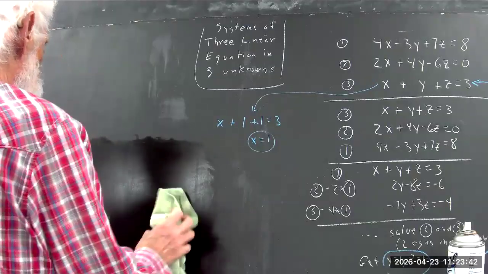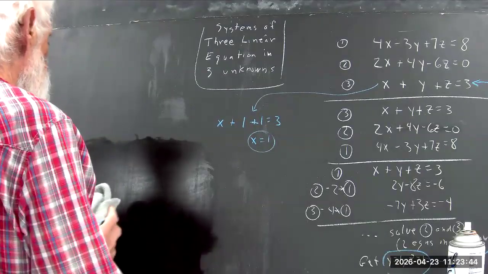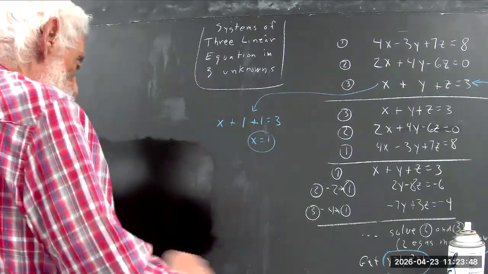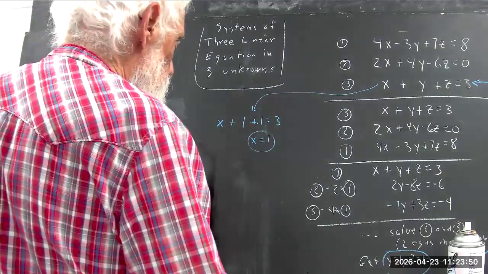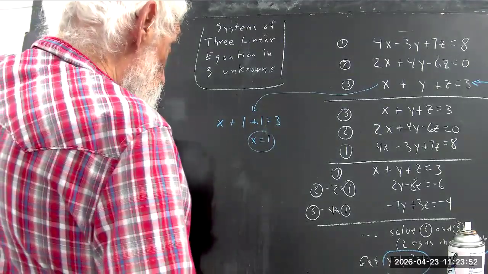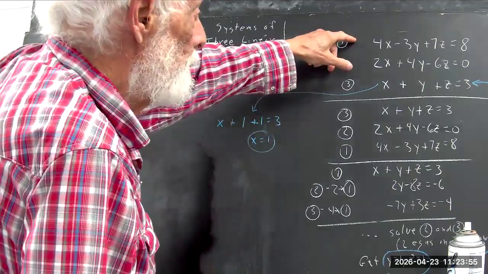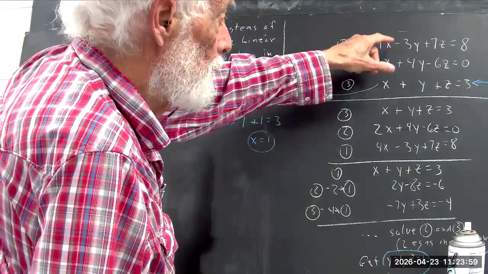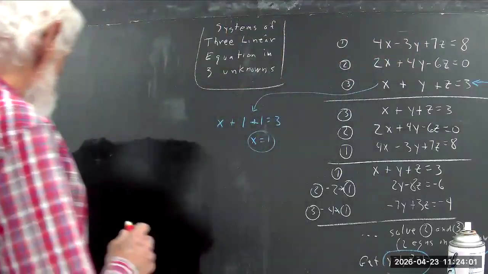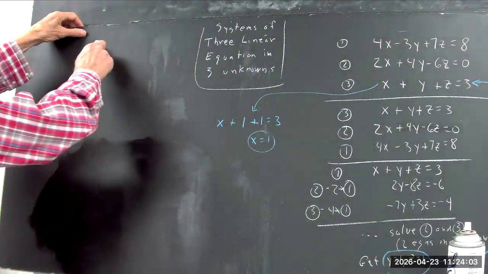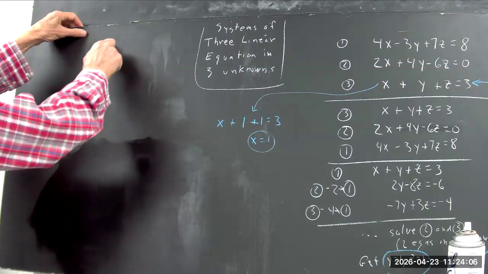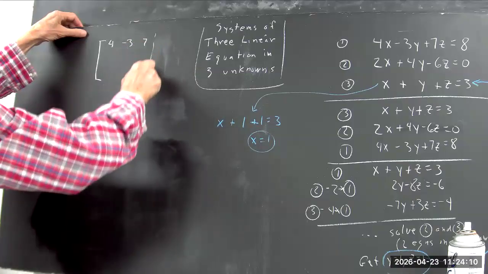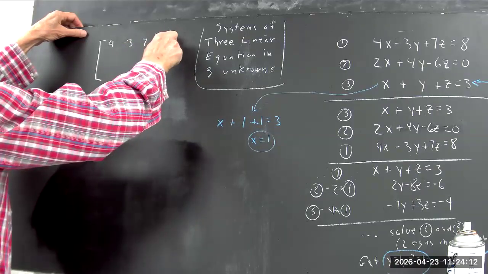Okay, we can solve the same system using augmented matrices. So the original system, 4x minus 3y plus 7z equals 8, would be represented in an augmented matrix just by the numbers 4, -3, 7, and 8.